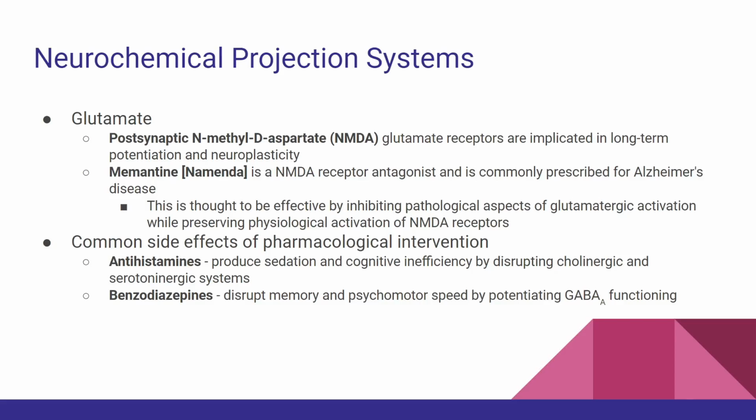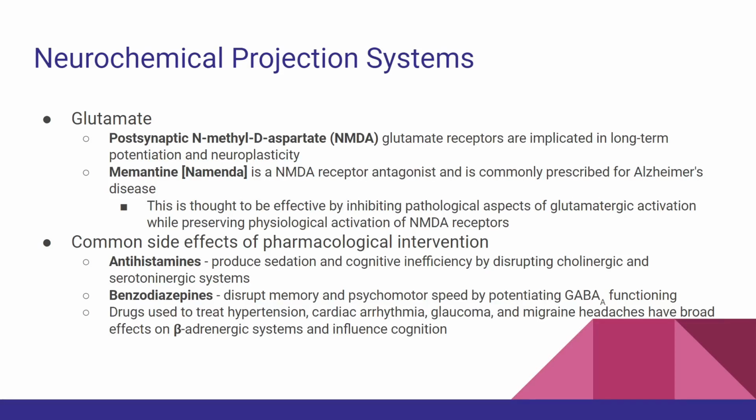Benzodiazepines is another class of drugs that has these side effects, and it disrupts our memory as well as psychomotor speed by causing certain GABA receptors to be overly active. As well, various drugs used to treat things like hypertension, cardiac arrhythmia, glaucoma, or migraine headaches can have broad effects on the beta adrenergic systems, and that can further influence our cognitive functioning.